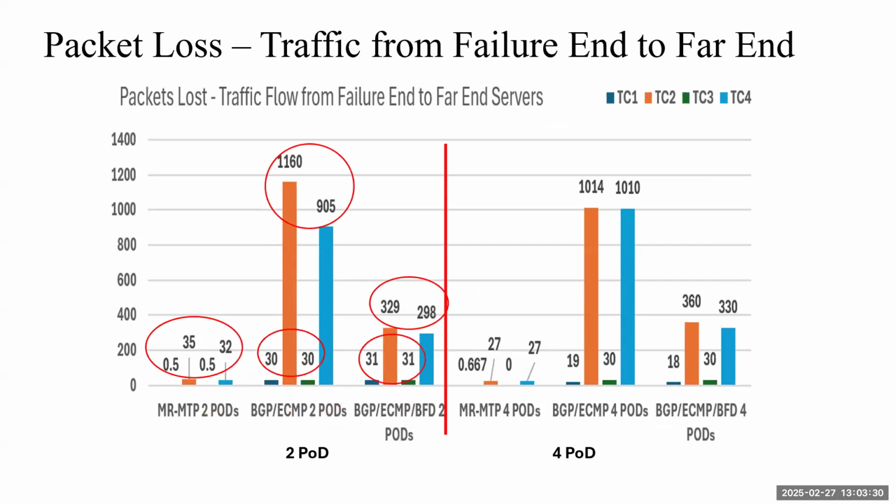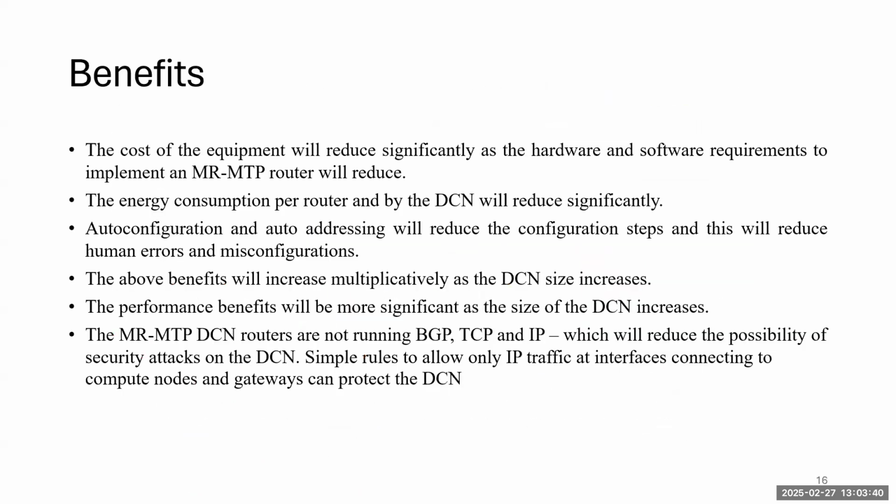Given all these performance features, we have validated that MR-MTP is superior in its performance compared to the current protocol suite. What are the other benefits? The cost of the equipment will reduce significantly due to the hardware and software reduction. Energy consumption per router in the DCN will reduce significantly.